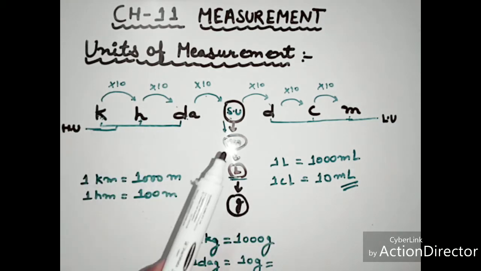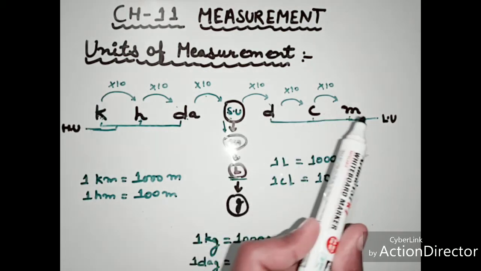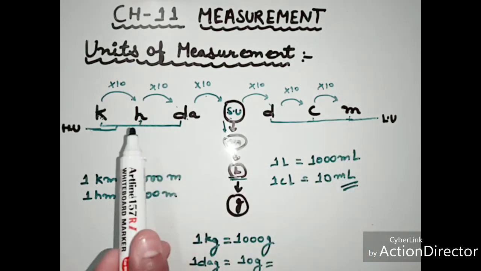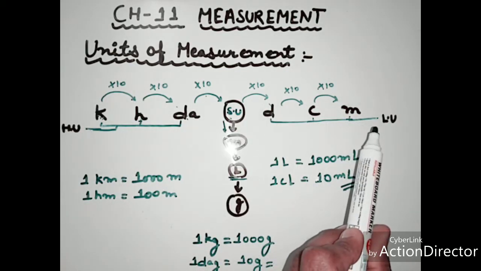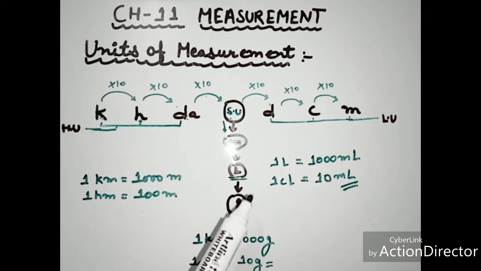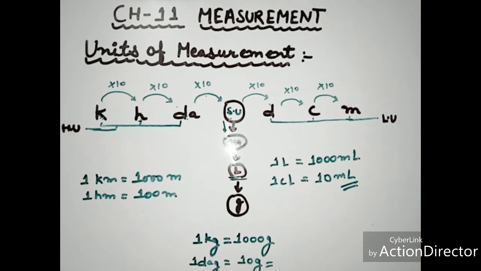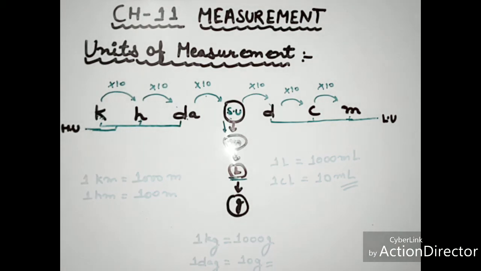So by using this table we can also solve other problems related to measurement, like how many meters in 1 kilometer, how many millimeters in 1 meter, how many gram in 1 kilogram, and how many milligram in 1 gram, etc. Students, we will learn what happens if we move from lower to higher units.